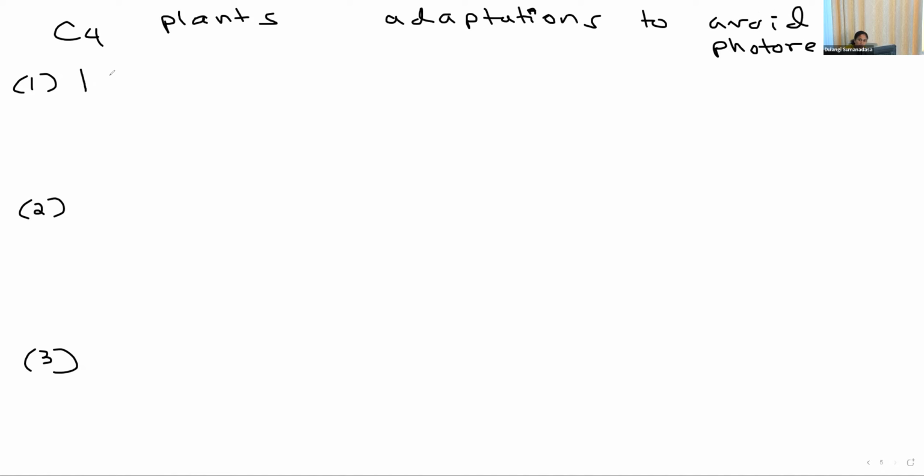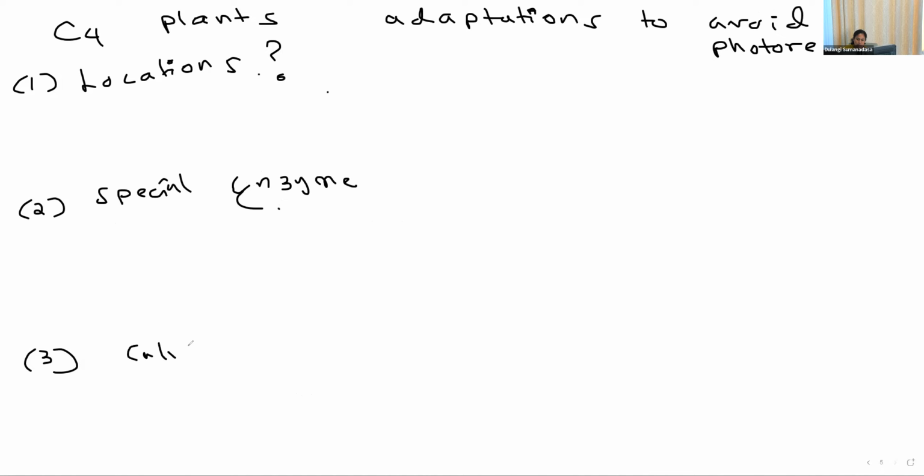So can you write about the locations? And can you write about the 2 carbon fixations. The first one, they're using a special enzyme. And the third one is they're having the Calvin cycle, but this enzyme is not getting the carbon dioxide from the outside, it's getting it from somewhere else.